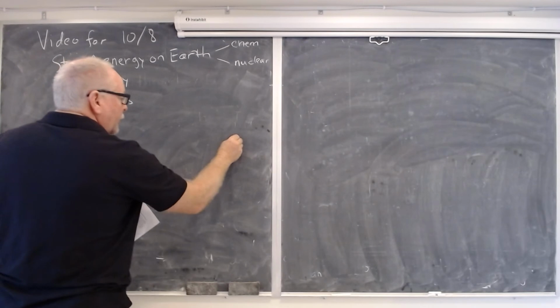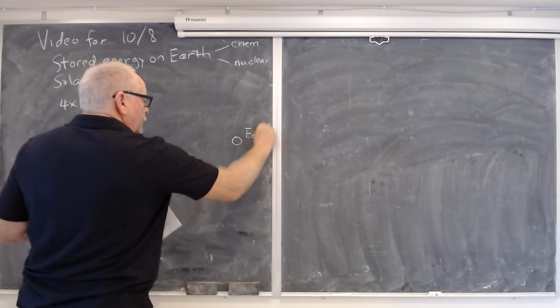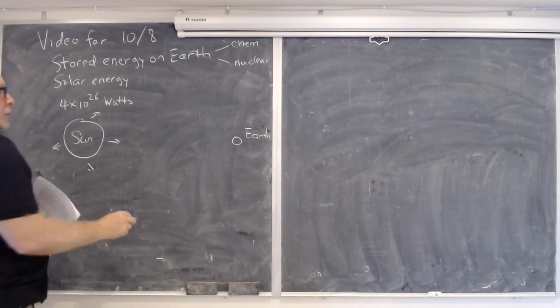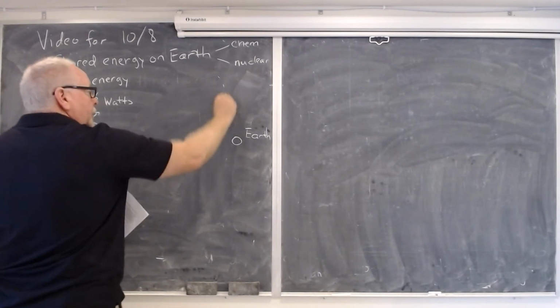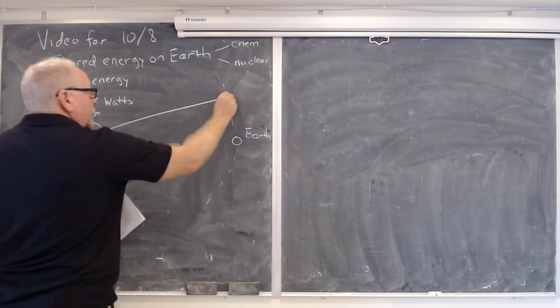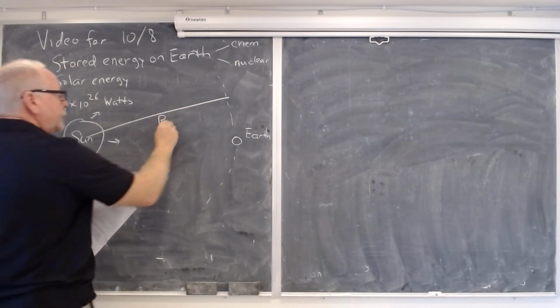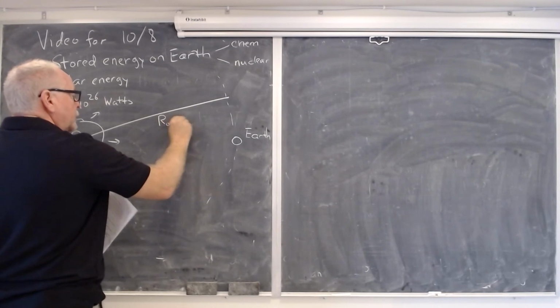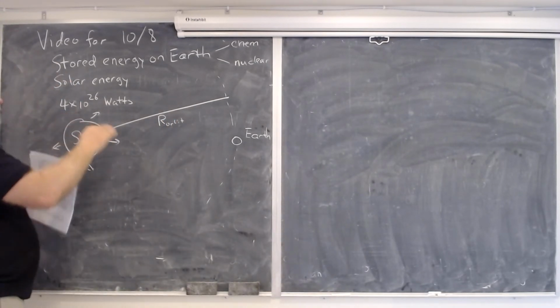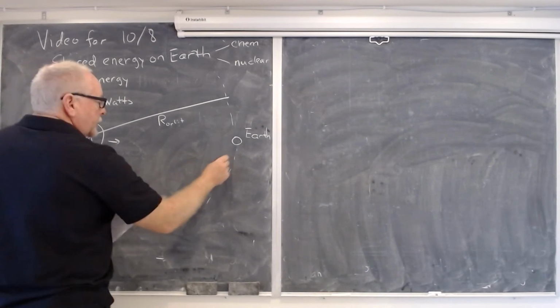And so here we are at Earth. If you call this our orbit, that 4 times 10 to the 26 watts is radiating equally in all directions.